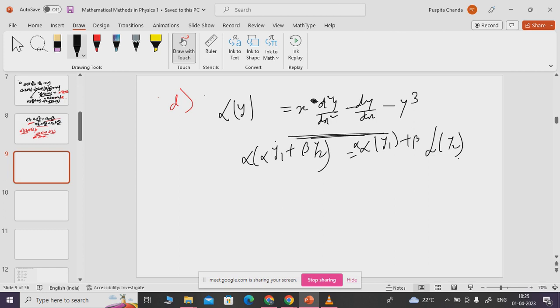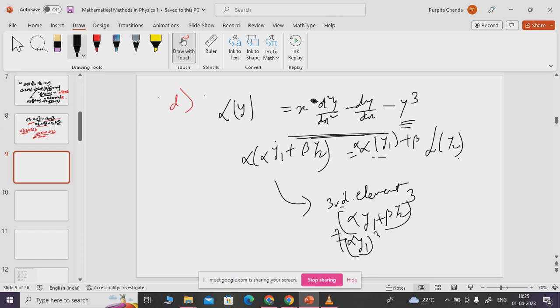From this part we know there is not going to be any problem. But the third element, alpha y1 plus beta y2 whole cube, is not equal to alpha y1 whole cube plus beta y2 whole cube.